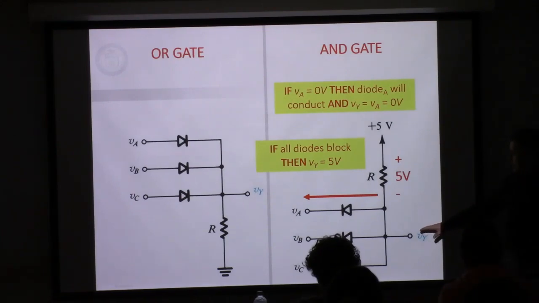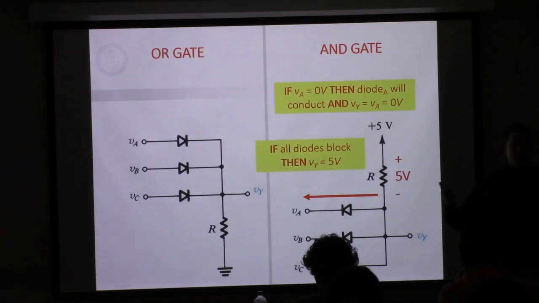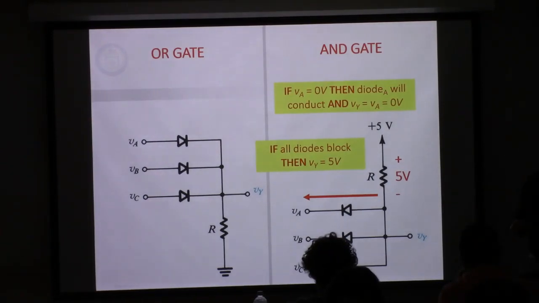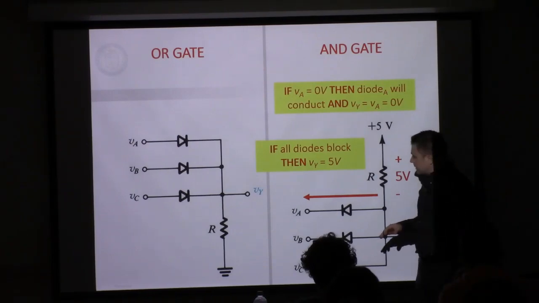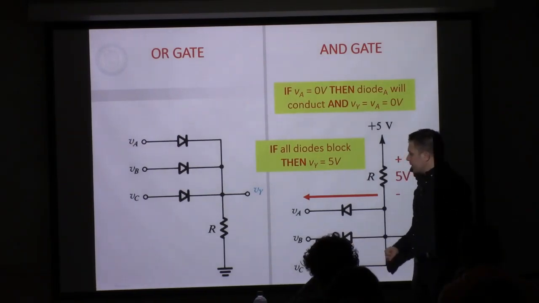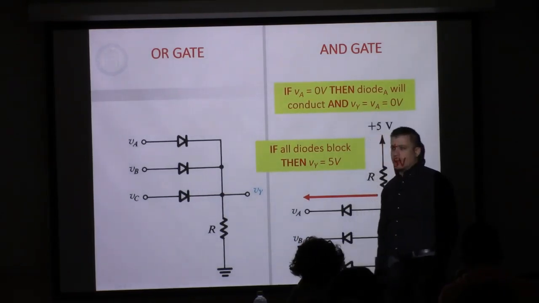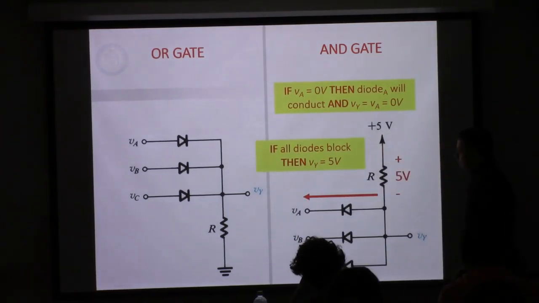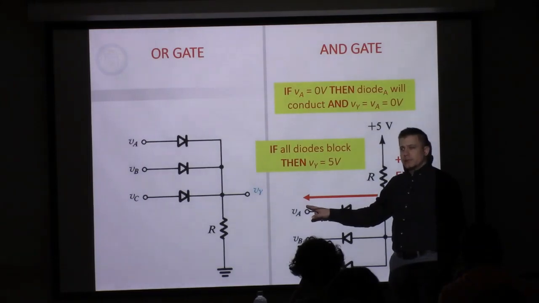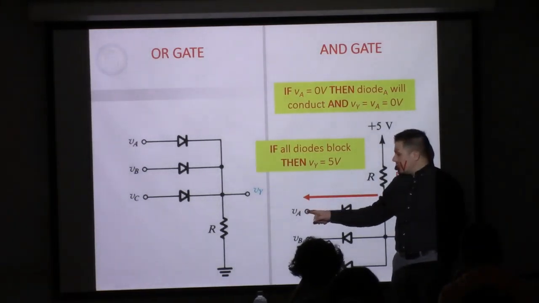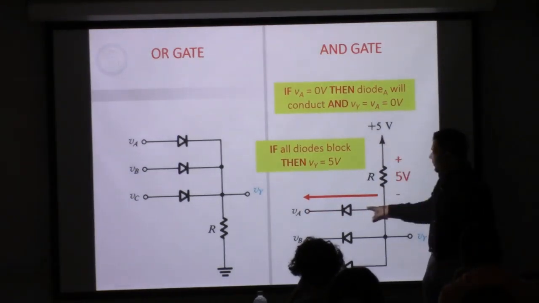Now let's look at the case where only one of the 3 diodes is shorted to ground. So let's say, and we'll look at these individually, that this was 5, 5, and 0. This 5-volt potential here will cause this diode to block, right?